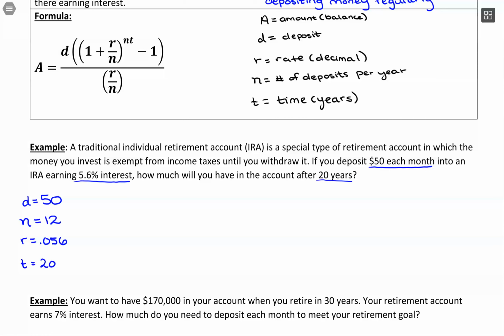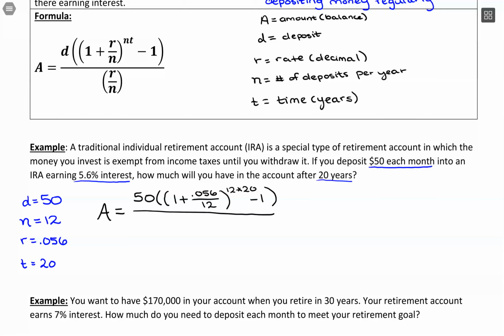To calculate, I'm going to take my values off to the left and plug in accordingly to the formula. We'll have 50 and then two sets of parentheses: 1 plus the rate over N, with an exponent of N times T, and then minus 1, close parentheses.